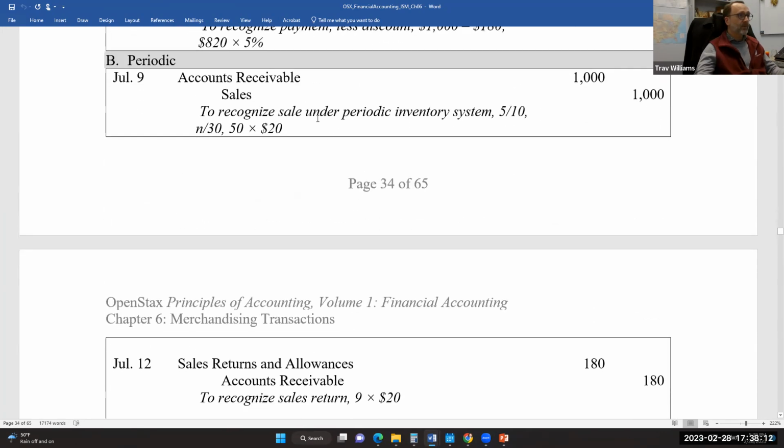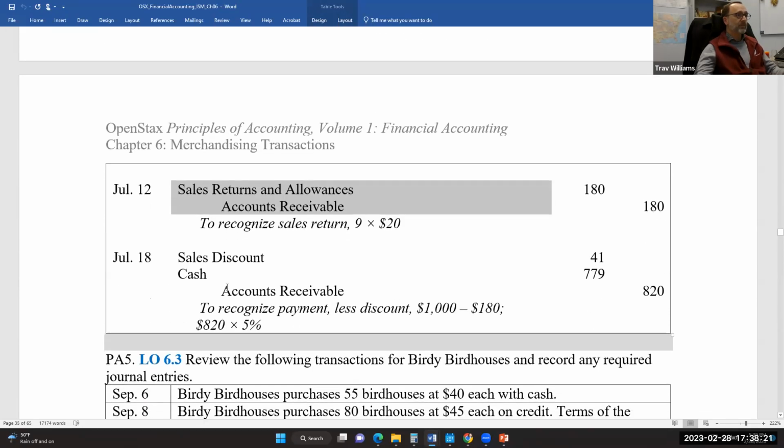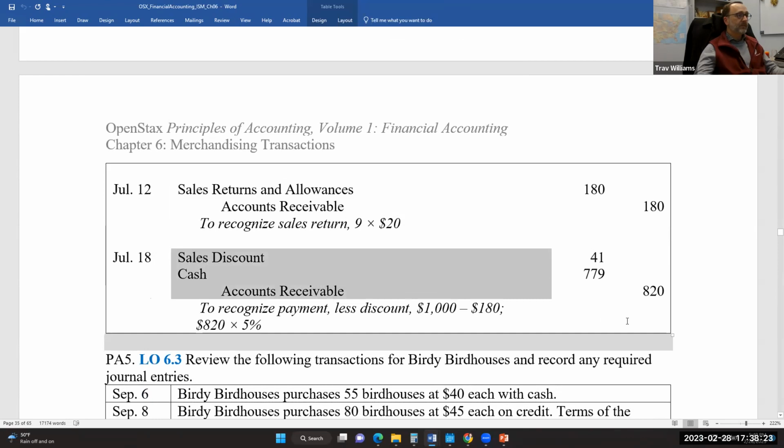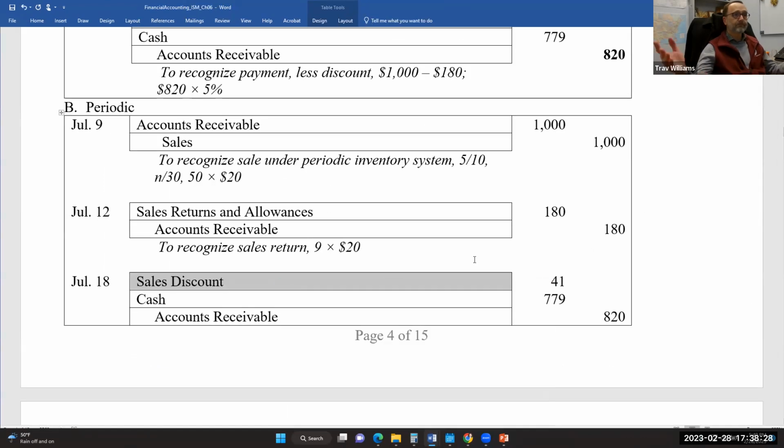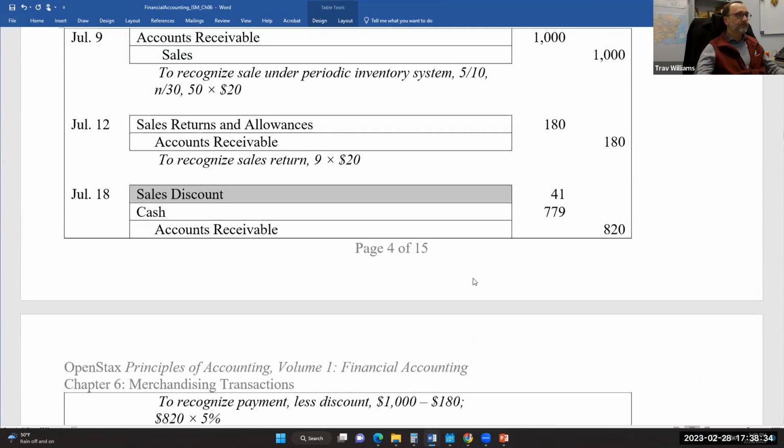So going down to periodic, we had accounts receivable and sales, exactly what we had before. Sales returns and allowances and accounts receivable. Sales discount, cash, accounts receivable. Exactly right. So we are done with problem number 4. Okay, any questions?